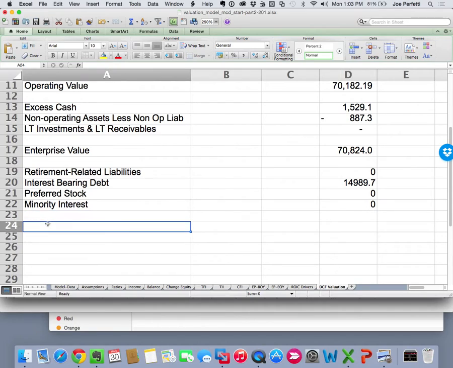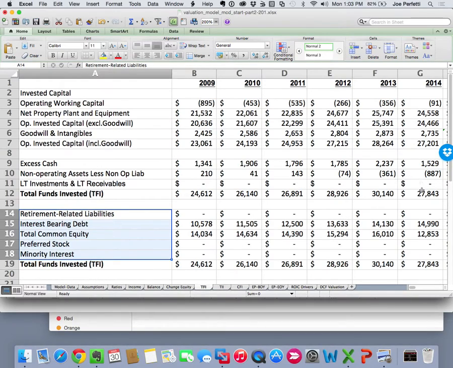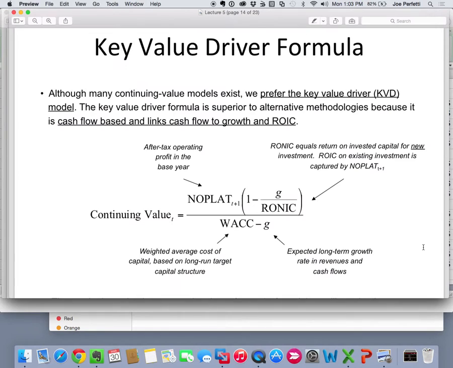After I pay all of those people off, I'm left with a common equity value equals the enterprise value minus the sum of those 4 things. 55,834.26. Okay, so we're basically paying off these 4 liabilities and non-common equities.